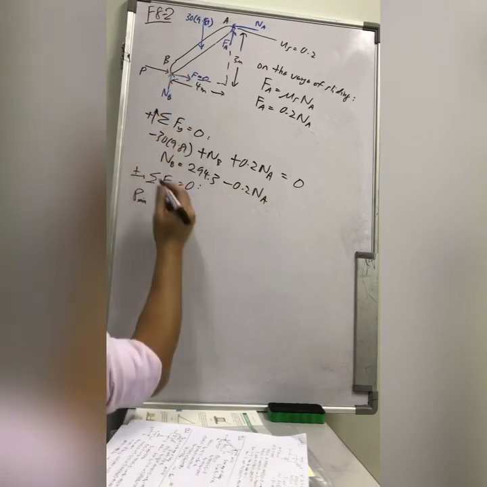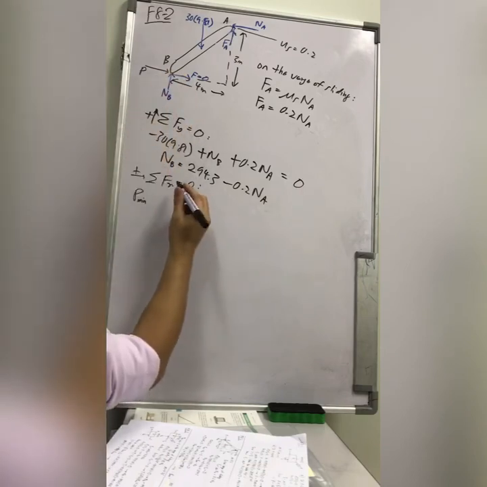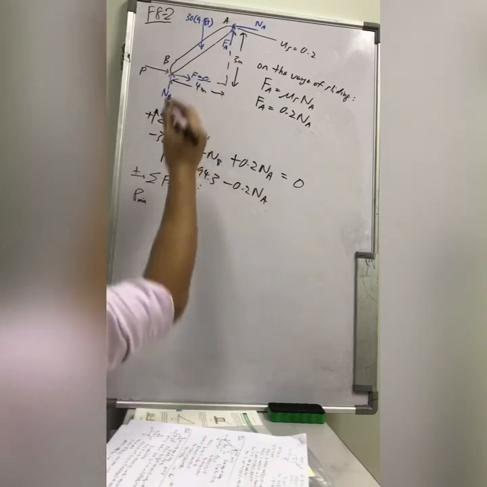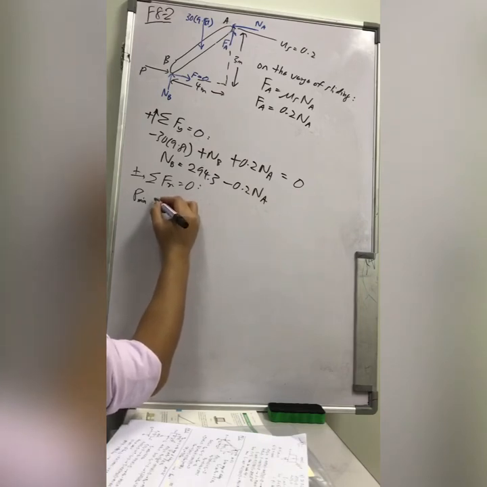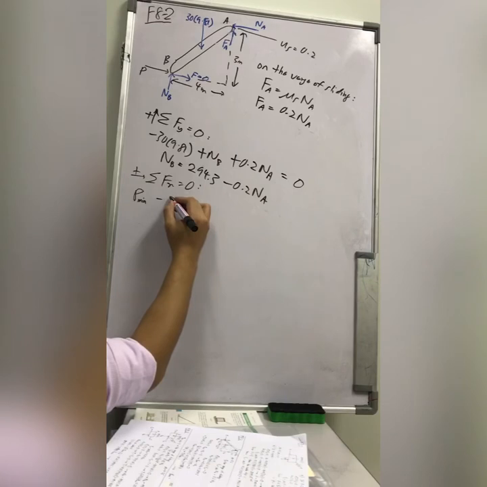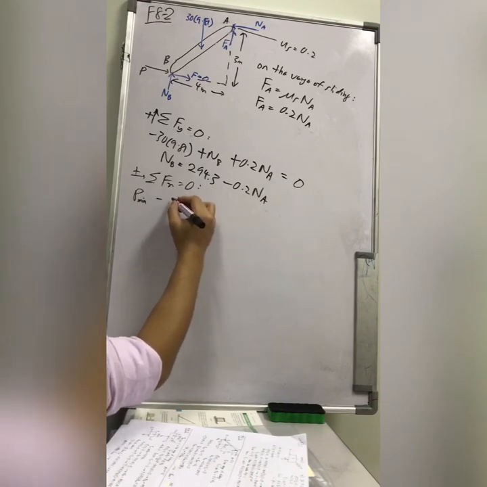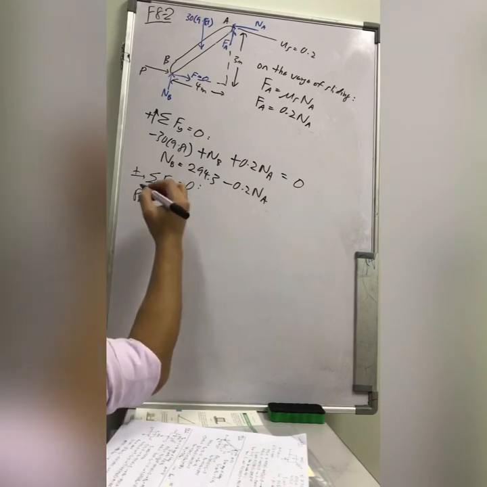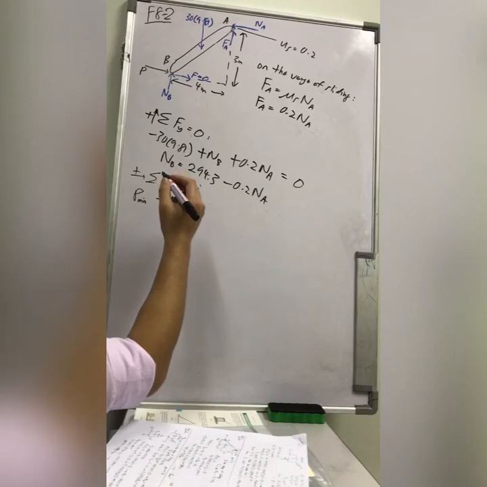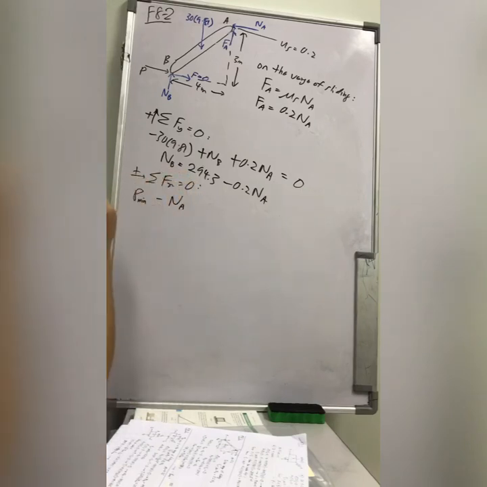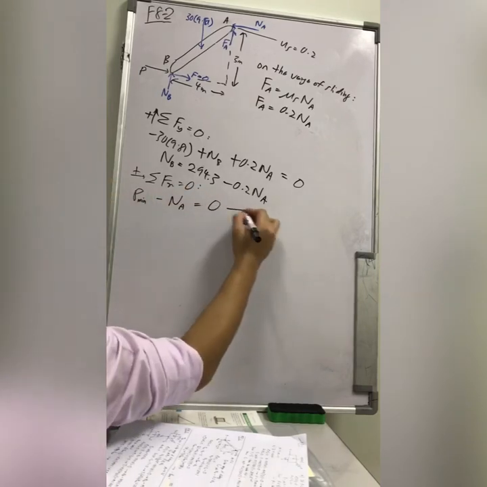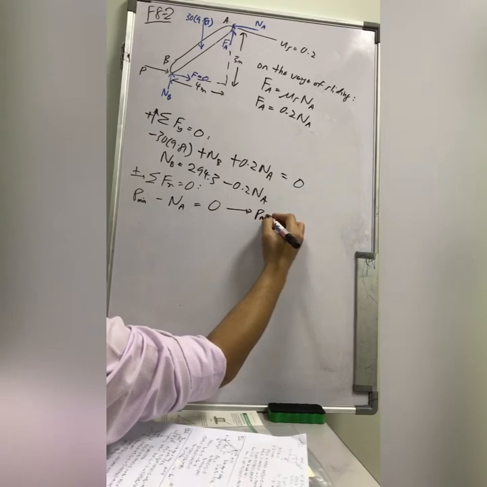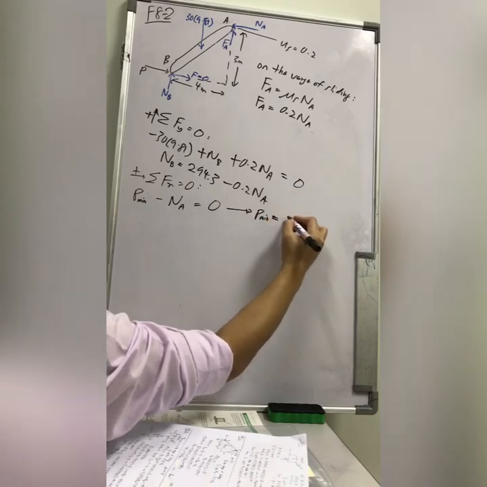You have P min to the right positive, and you have minus NA, equals 0. So in this case, your P min is NA, isn't it?